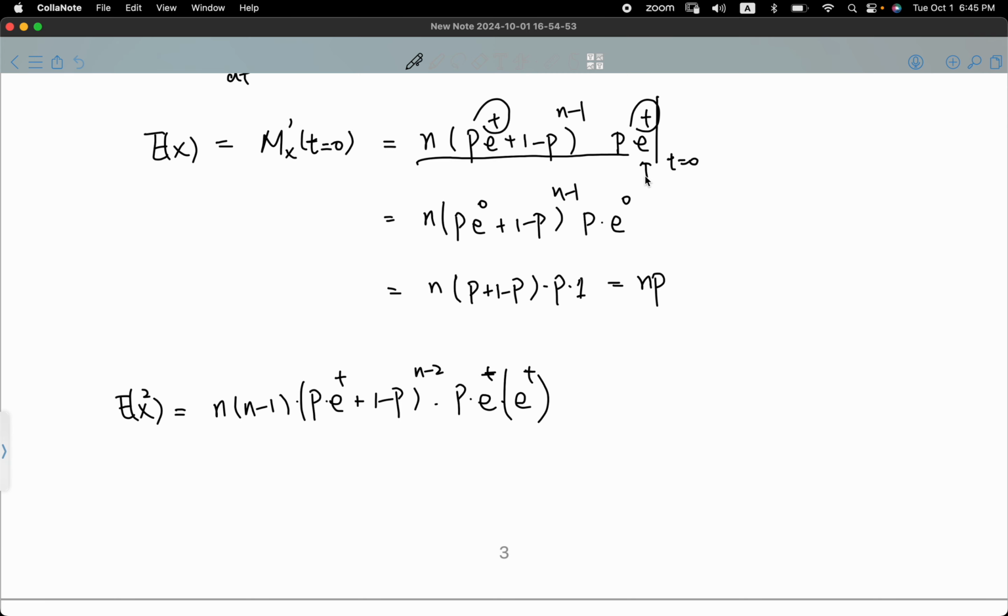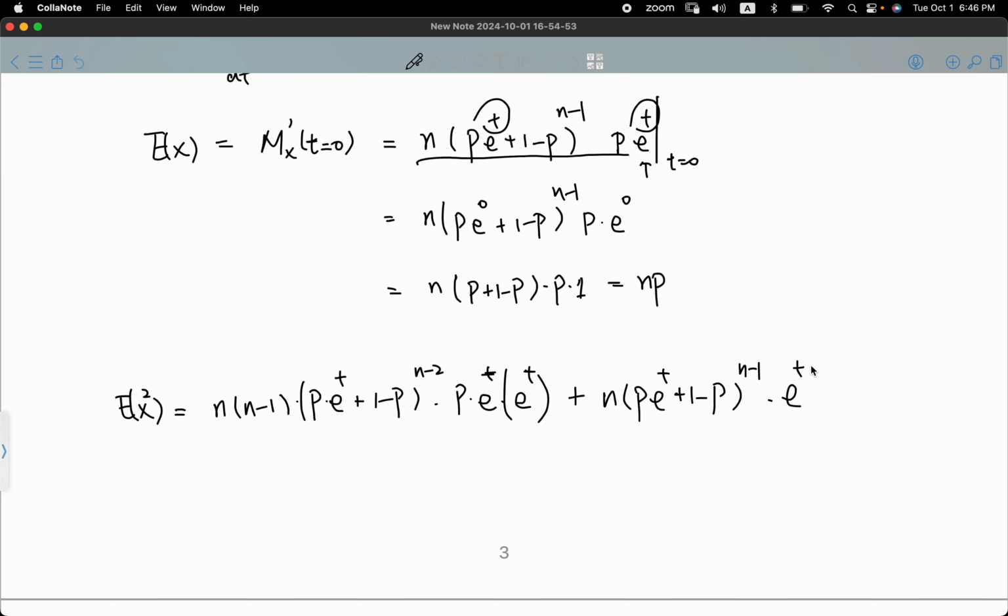This is from here. And for the product rule, you need to use a sum, so addition. So you have that multiplied by p e^t plus 1 minus p raised to the power of n minus 1. And then the derivative of e raised to the power of t is itself. So you have that. So that is the second derivative.